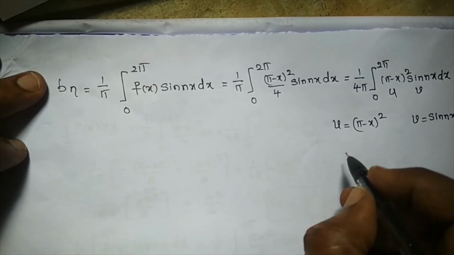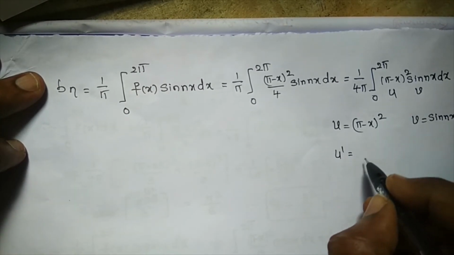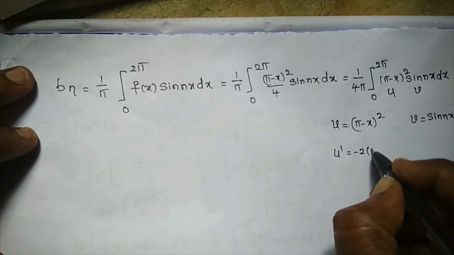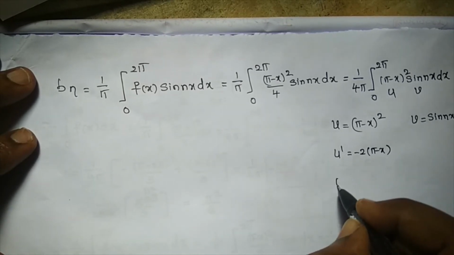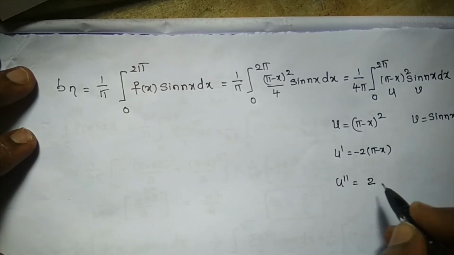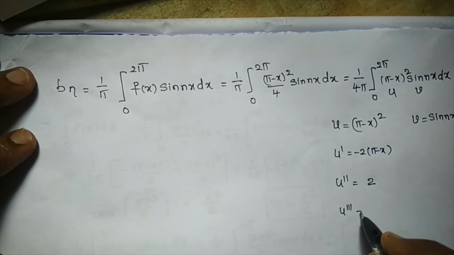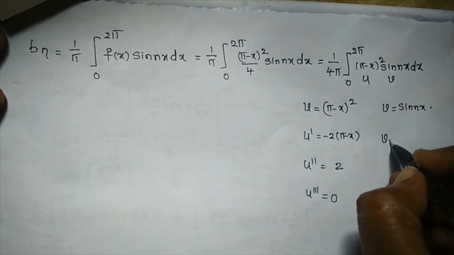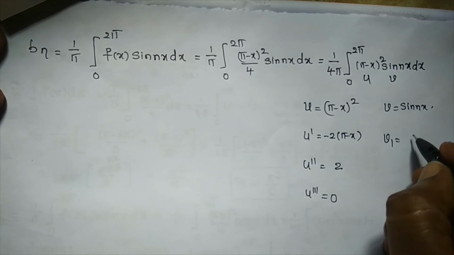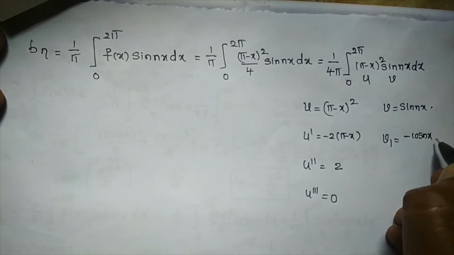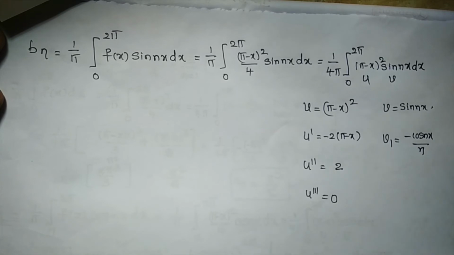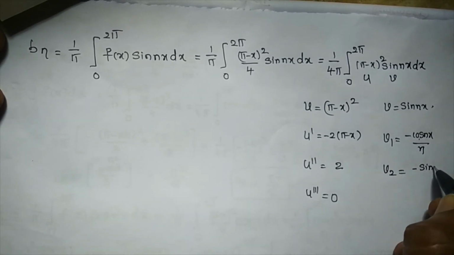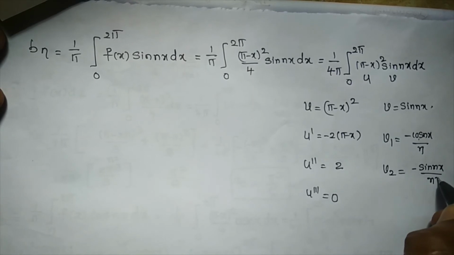Sin nx, sorry. u dash is equal to minus 2 into pi minus x. u double dash is equal to plus 2. u triple dash is equal to 0. And v1 is equal to the integral of sin nx, minus cos nx by n. v2, the integration of this, is minus sin nx by n square.